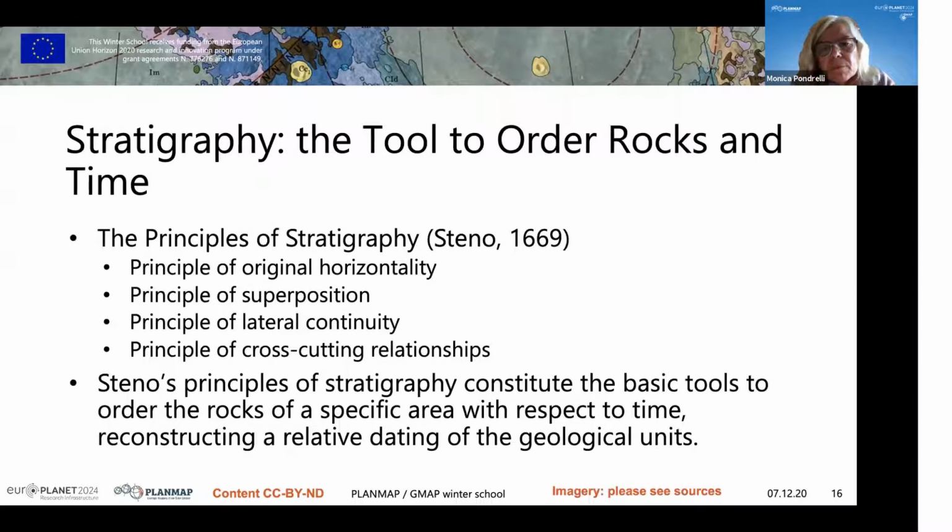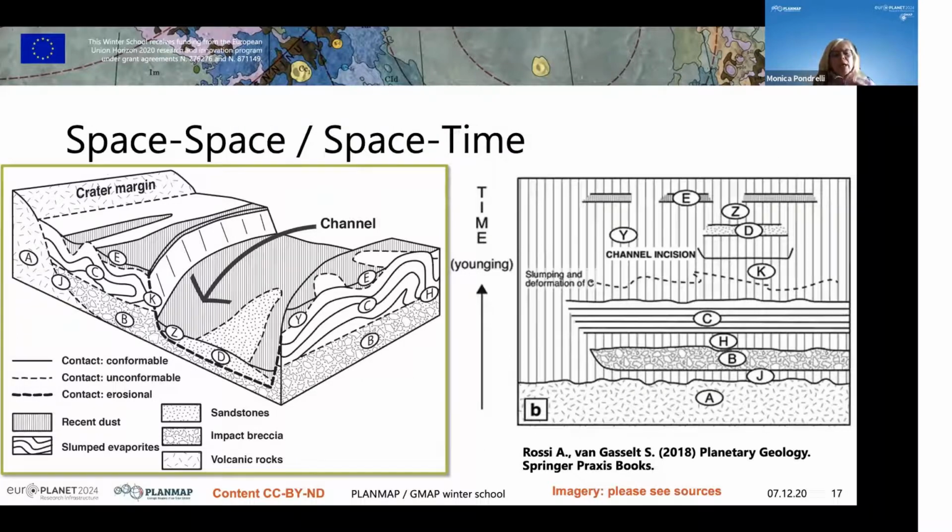So stratigraphy is important. I don't think I need to go into detail of the principles of stratigraphy, which are the basis of modern geology. They are the tool to order rocks in time, but I want just to focus a little bit on two ways of representation of the stratigraphic relations within a specific area.